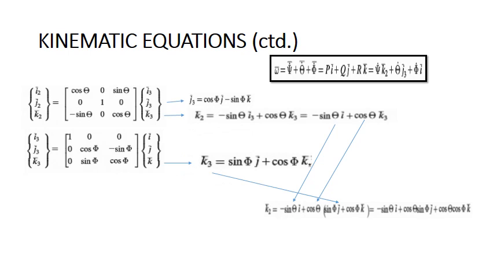Again, from the second equation of the first matrix equation, we can know that J3 equal cosine phi J minus sine phi K. This is J3.